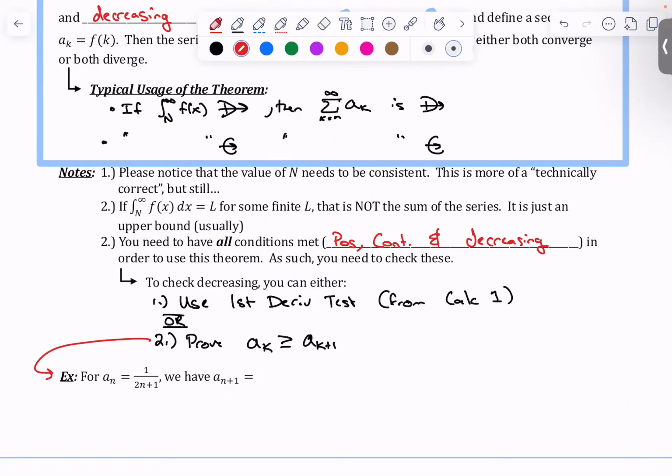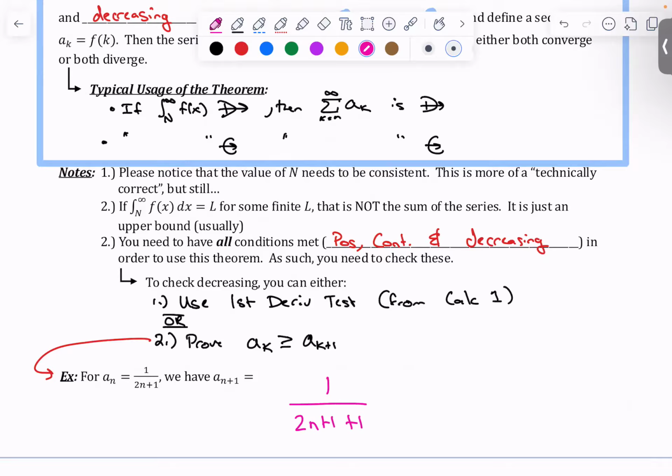So a sub n plus 1, remember, is kind of like function composition. This is what John Doe student does, and John Doe student's wrong, so don't write this down. They write 1 over 2n plus 1 plus 1. That's not correct.